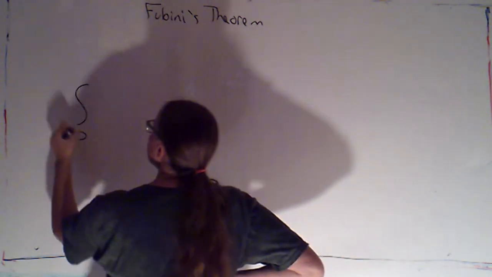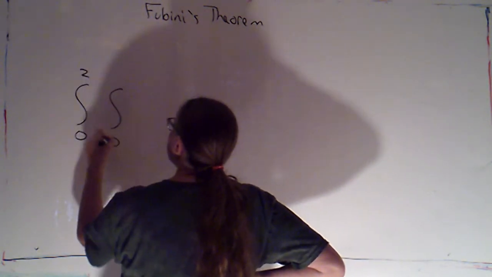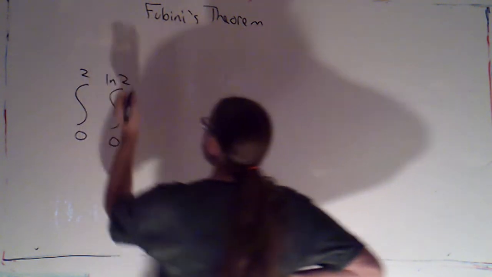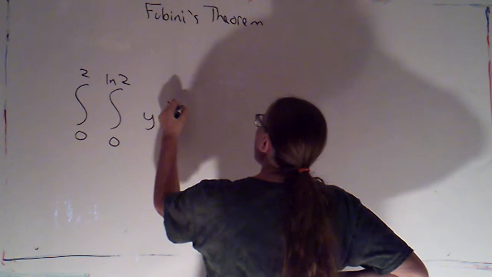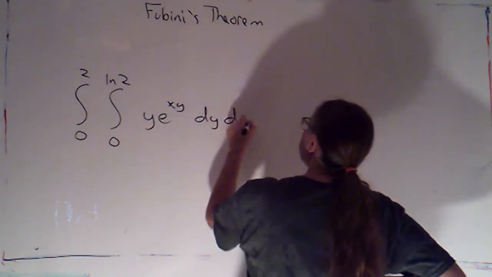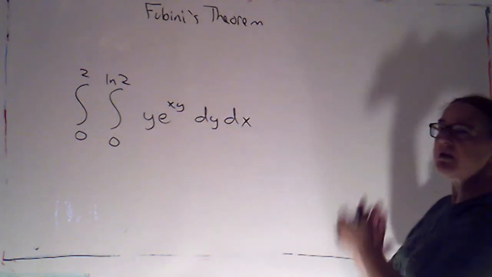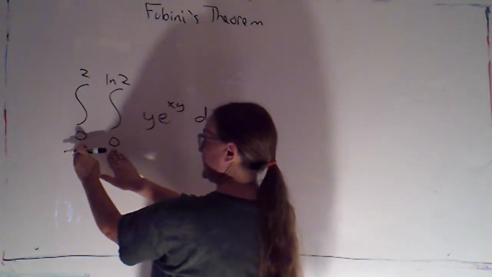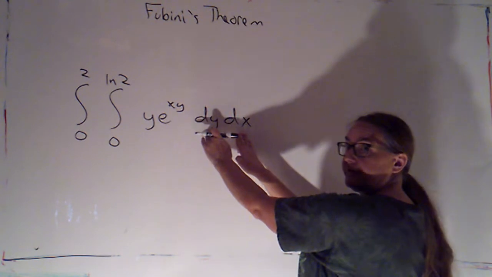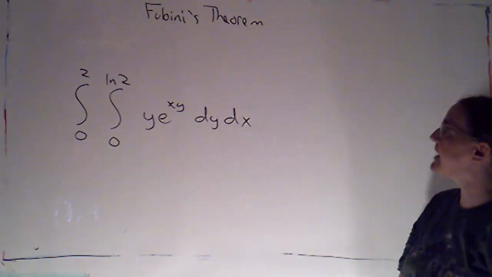Let's suppose I have the integral from 0 to 2, integral from 0 to the natural log of 2, y e to the xy dy dx. So it's given to me as an iterated integral. You'll notice I have individual limits of integration and individual differentials for each variable. Okay.